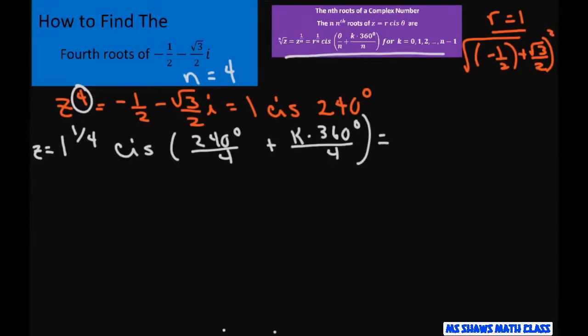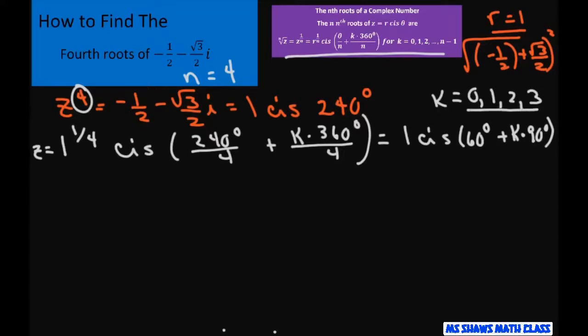Now this simplifies to 1 cis of 60 degrees plus k times 90 degrees. And we want this for k equals 0, 1, 2, and 3.